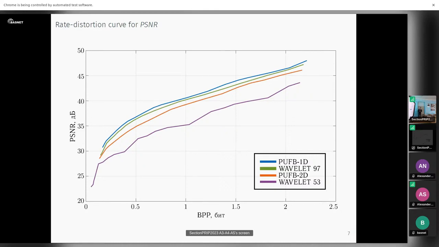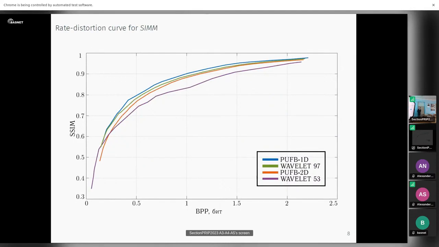There exists some limitation on this approach, so we have to somehow predict these values, and this changes the original idea, which was that we want to go multidimensional to avoid asymmetry. So that's all. The next slide shows similar rate-distortion curves for structural similarity, and they show relatively the same results. And the last slide will be the conclusion.